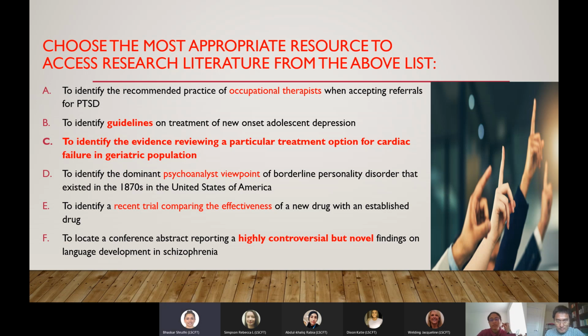PubMed or Medline. And highly controversial, novel, I think this is grey literature. If it is different language or controversial, just tick this one, don't think twice. In the exam, the more you think, the more mistakes you make. So just look at what you want to see.